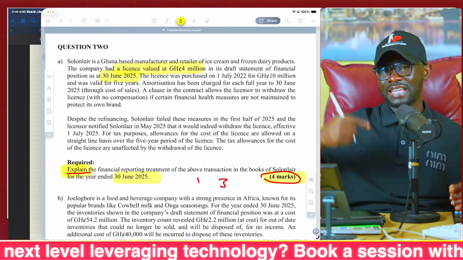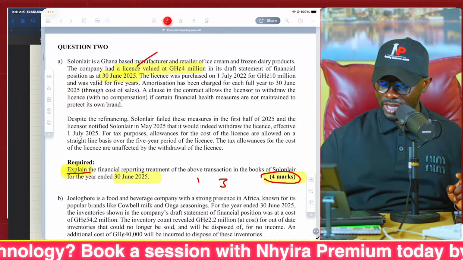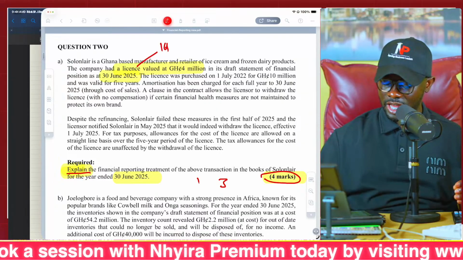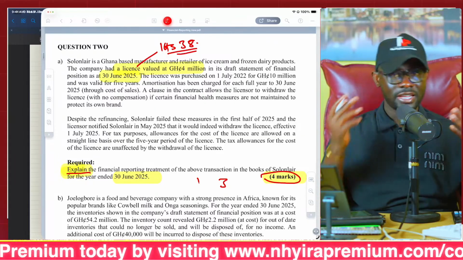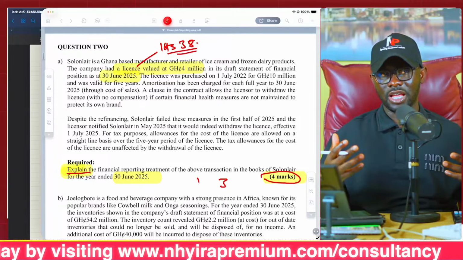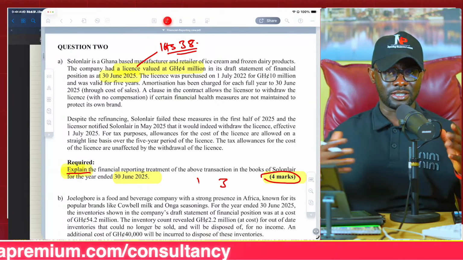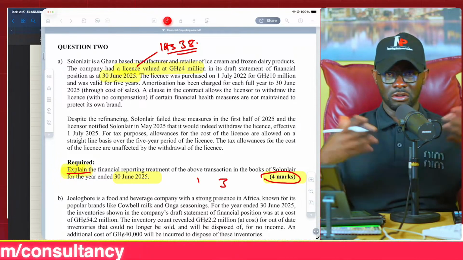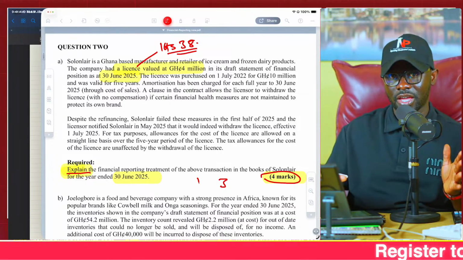The company had a license. Immediately I hear the word license, it means we are dealing with intangible assets. And so that is IAS 38, intangible assets. And for a license, usually they are intangible assets with a definite economic useful life. And so we must amortize the license over the economic useful life of the license. So IAS 38 is coming to town here.